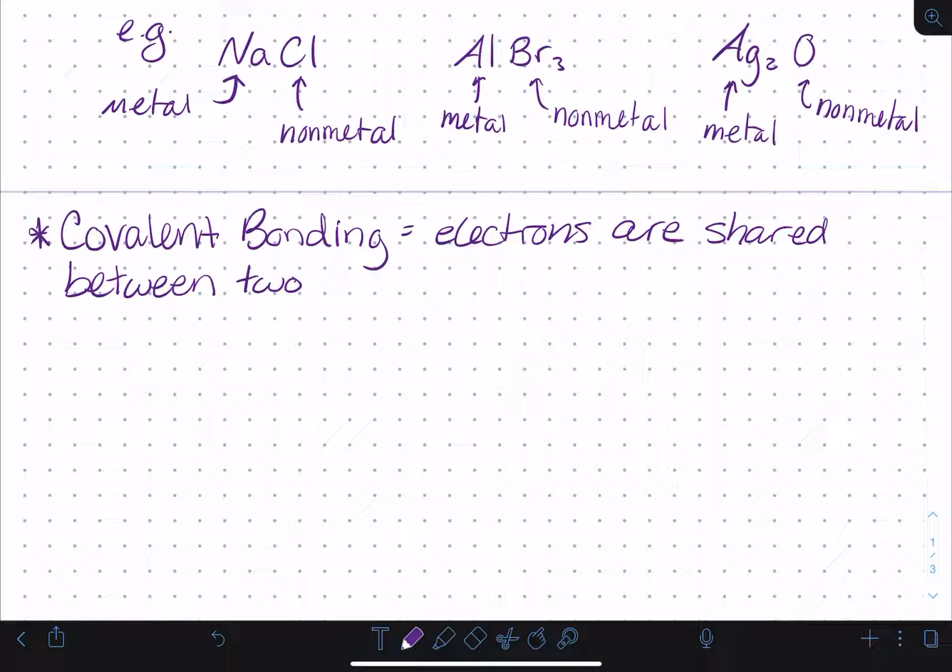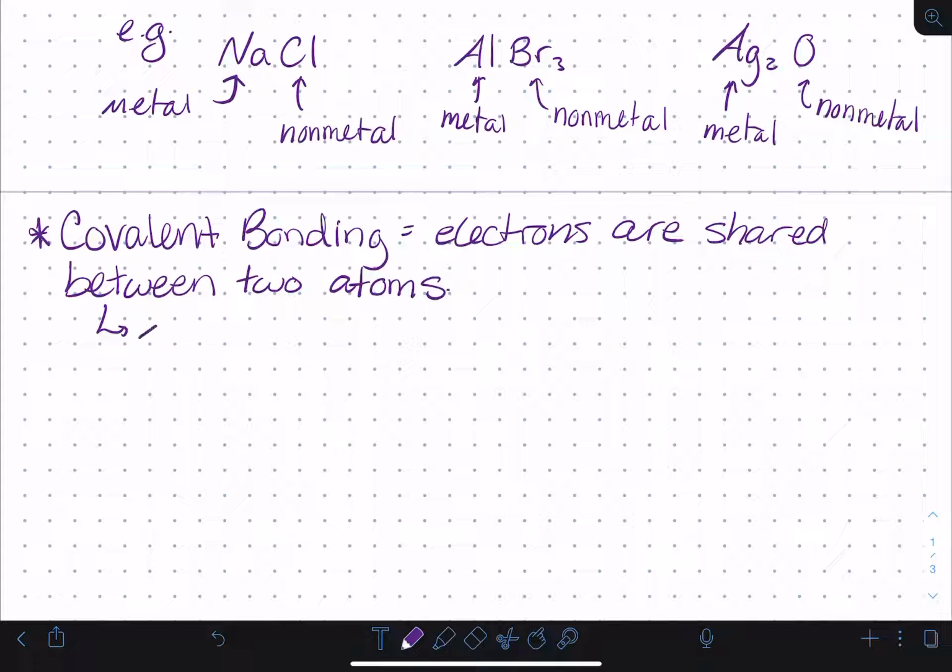That one electron used to belong to sodium, chlorine stole it. Now chlorine has that extra electron, sodium has no ownership of it anymore. But in covalent bonding, the two atoms are actually sharing the electrons, and essentially those electrons count towards filling the valence shells of both of your atoms at once. And we'll talk a lot more about how that works in the days and weeks to come.